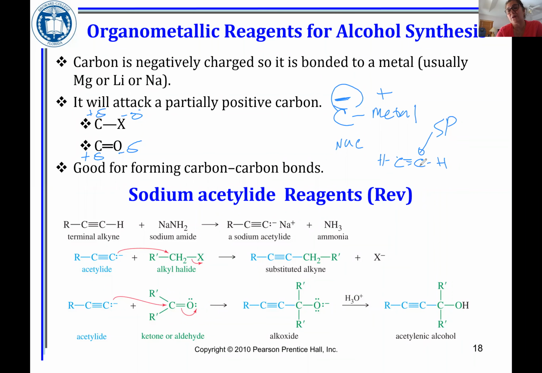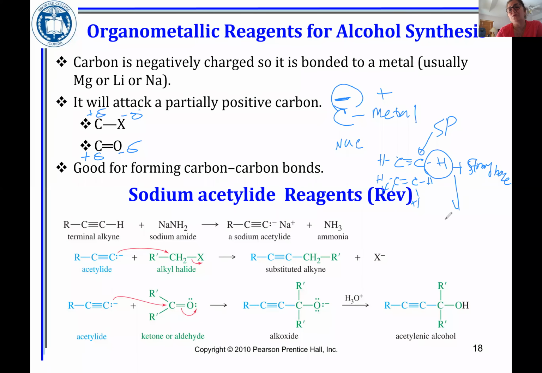High s character of the carbon carrying the hydrogen is going to increase the acidity. So this is going to be a lot more acidic than the CC double bond, or when you have sp2 hybrid. So this hydrogen is acidic hydrogen. If you add a strong base, you can actually remove the hydrogen.